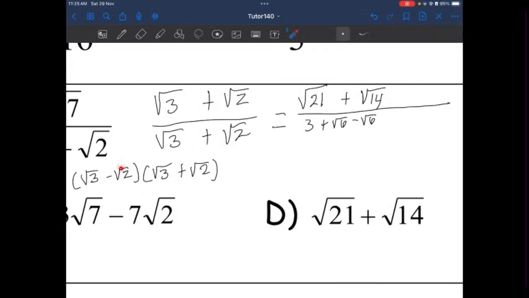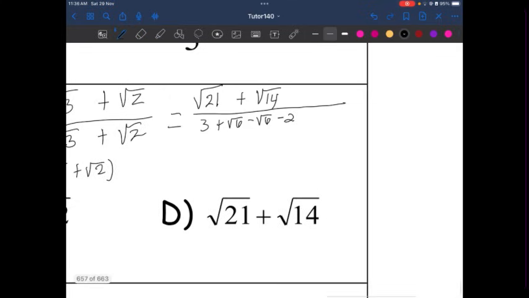And then this minus root 2 times positive root 2 would give us minus 2. That would be equal to root 21 plus root 14 over 1, because these cancel out. And our final answer is root 21 plus root 14.